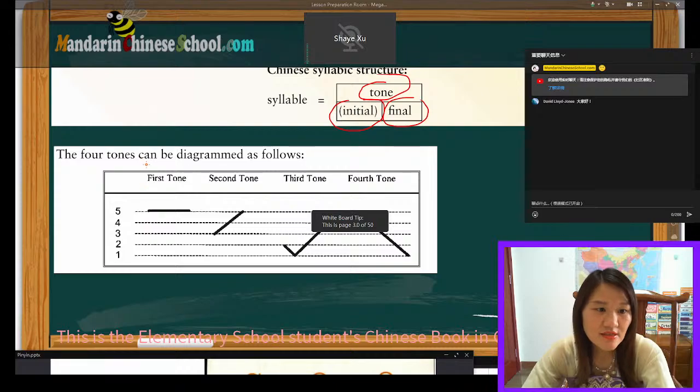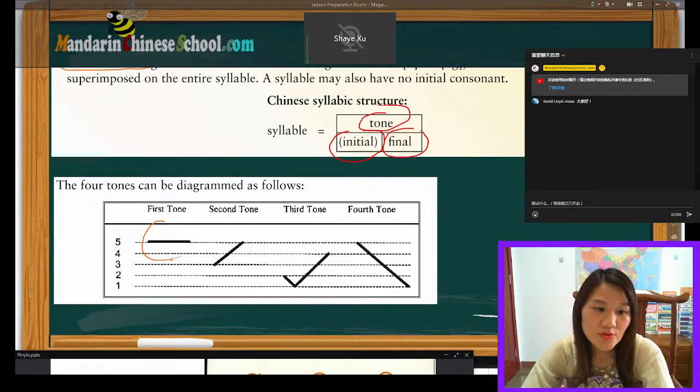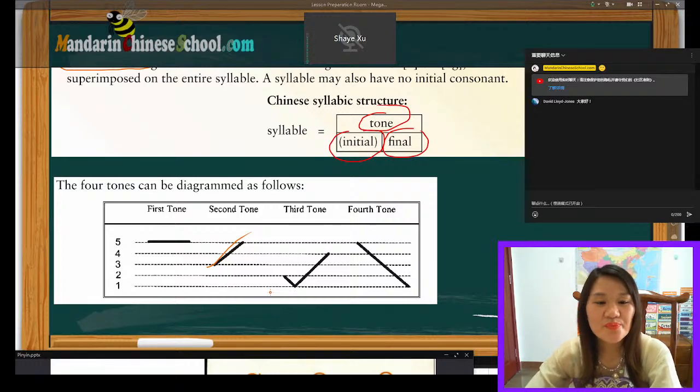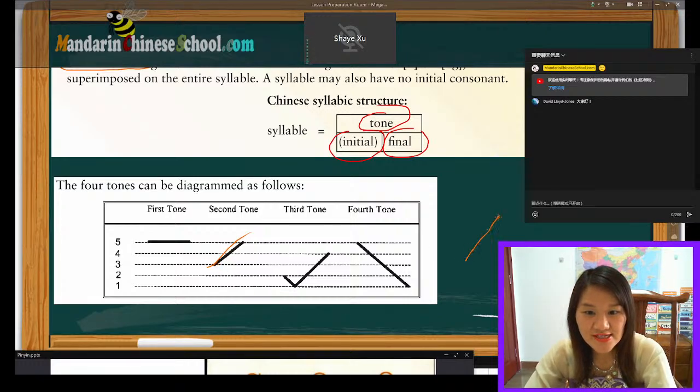So you can see, usually there are 4 tones in Chinese. This is the first tone, so we pronounce ah, and that's the second tone. Second tone, it goes up. It's a rising tone.